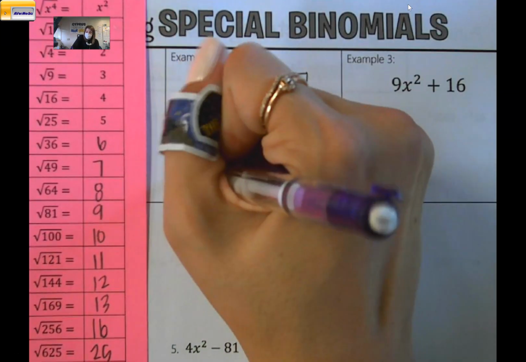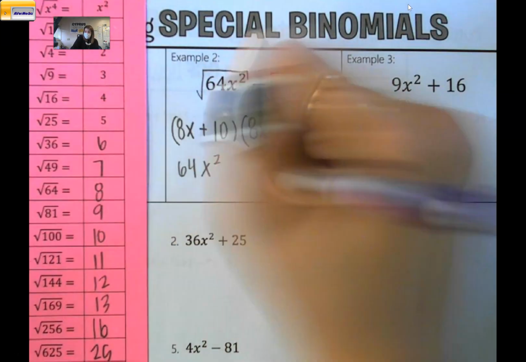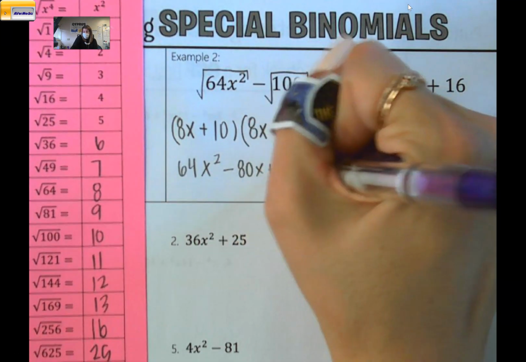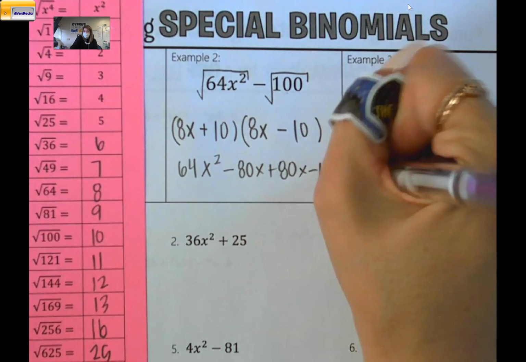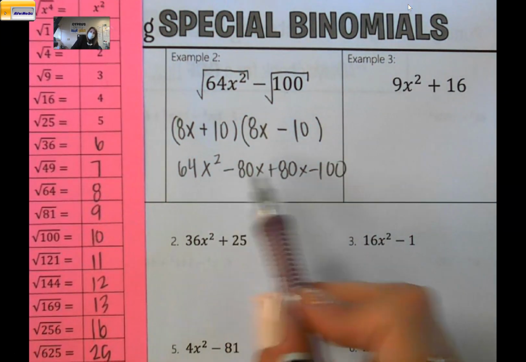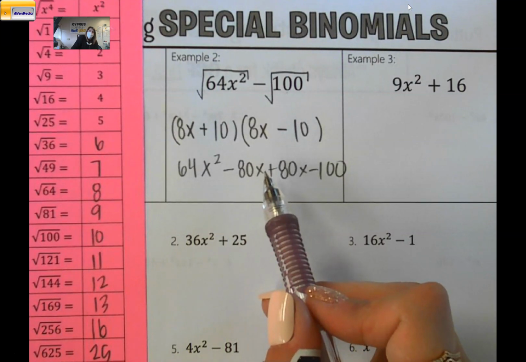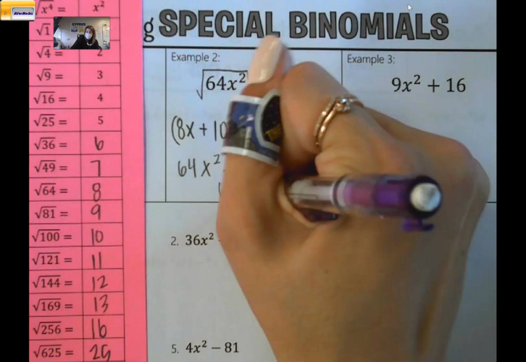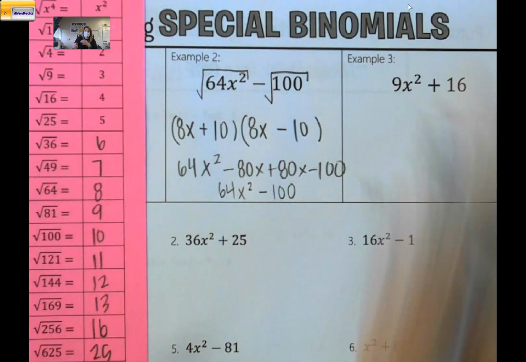Once again, I'll multiply it out, but you do not need to do this part, especially if it confuses you. If I multiplied this out, these 80x in the middle, I have a minus 80x and a plus 80x, those are going to simplify. And we'd end up getting 64x squared minus 100.